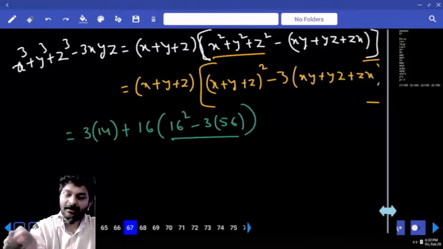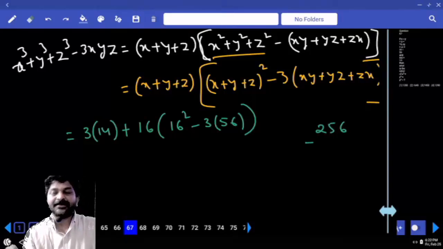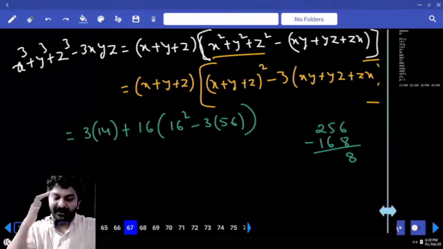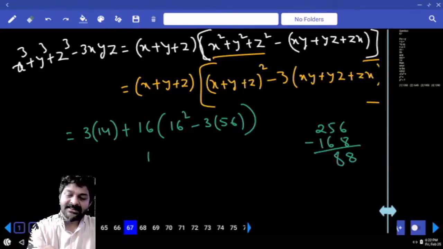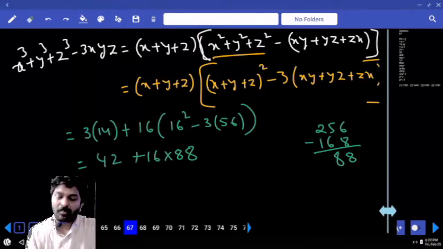So this is 256 minus 3 times 56, that is 168. That is equal to 256 minus 168, which is 88. 16 into 88 plus 3 times 14, which is equal to 42.